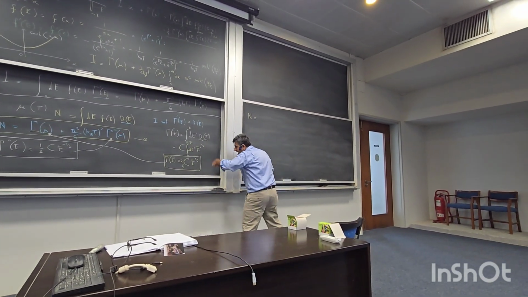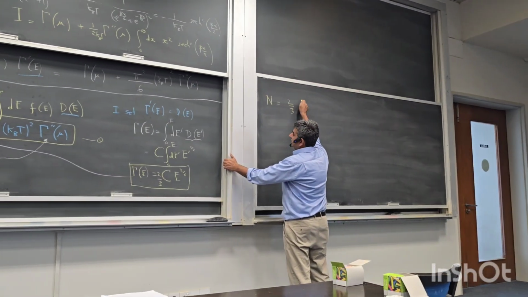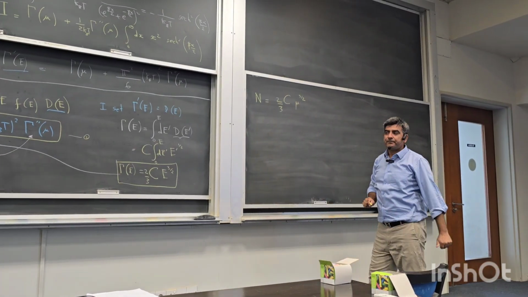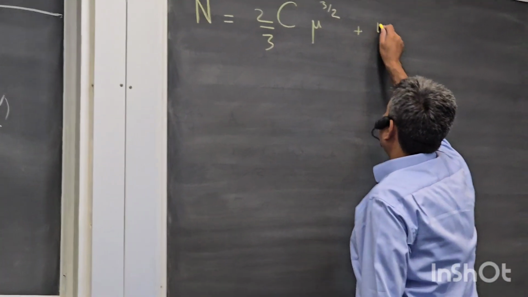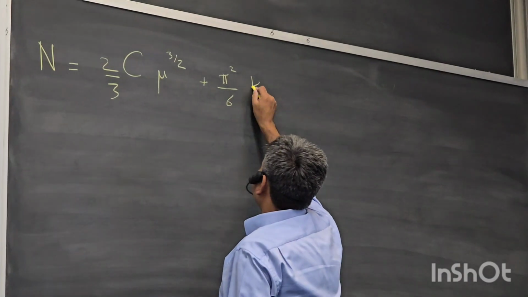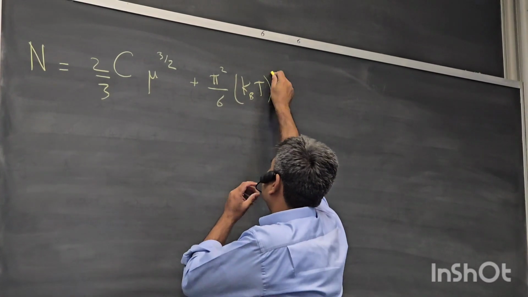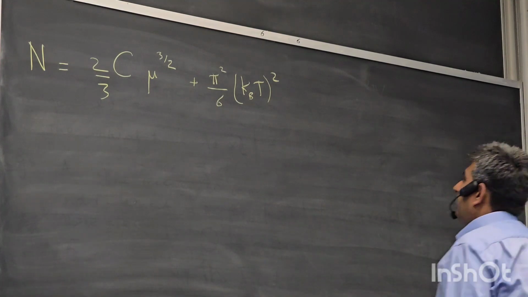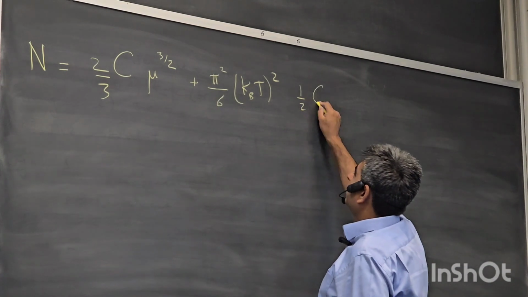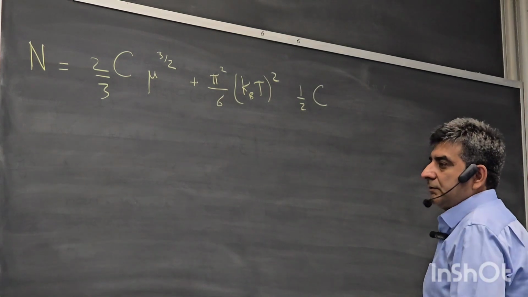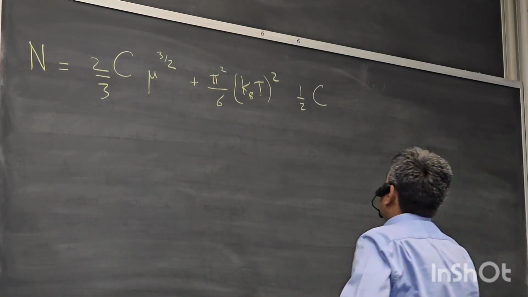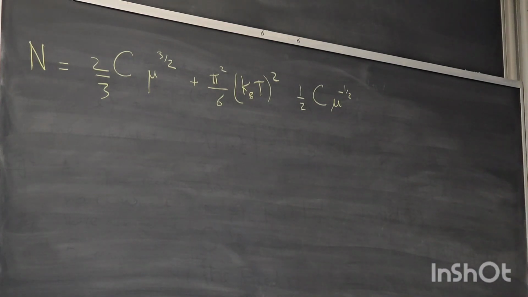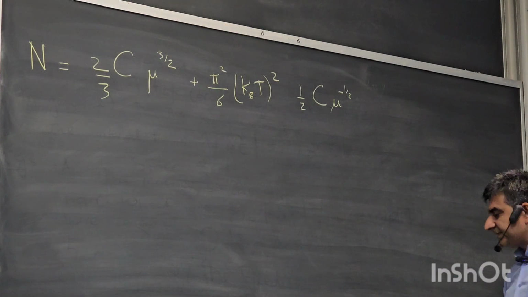So this term at mu becomes 2 over 3 C mu raised to the power 3 by 2, plus the second term pi square over 6 kBT whole squared. Now I need to take the double derivative, which is 1/2 C mu raised to the power minus 1/2. Correct?